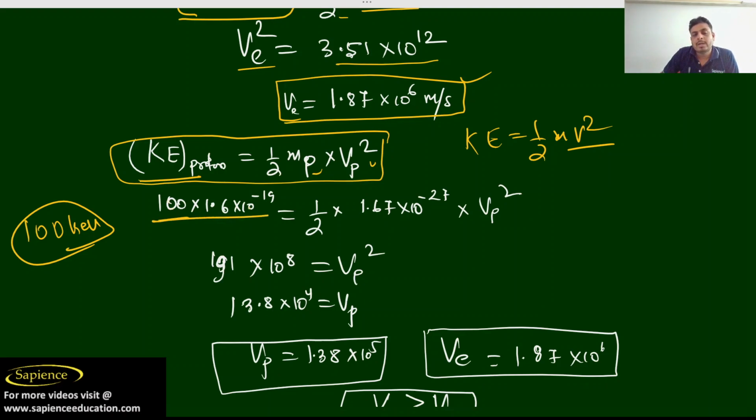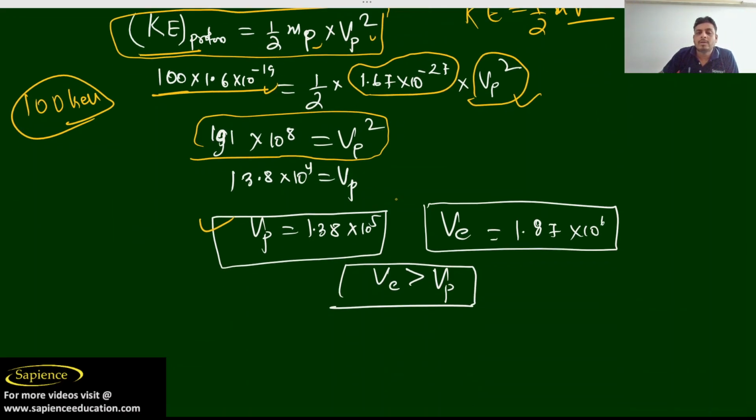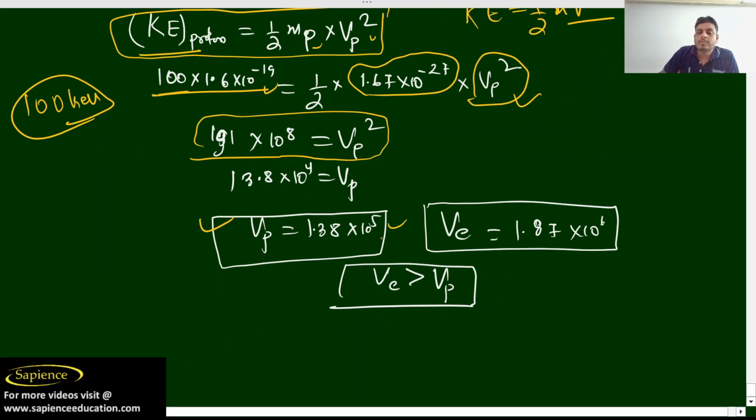So 100 into 1.6 into 10 to the power minus 19 is equal to half into mass of the proton, 1.67 into 10 to the power minus 27, into velocity of proton whole square. By calculation, finally you will get the velocity of the proton as 1.38 into 10 to the power 5. So from here we can see that the velocity of electron is much larger than the velocity of proton.